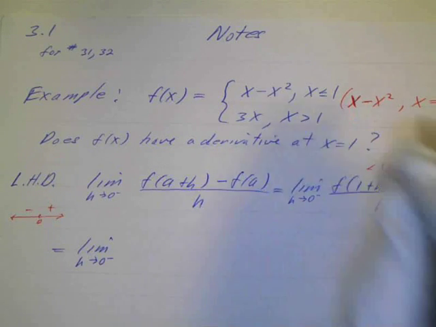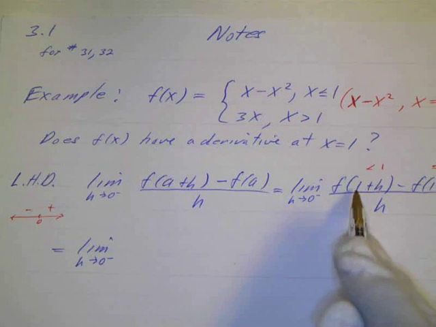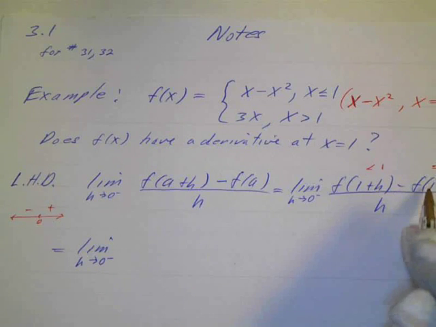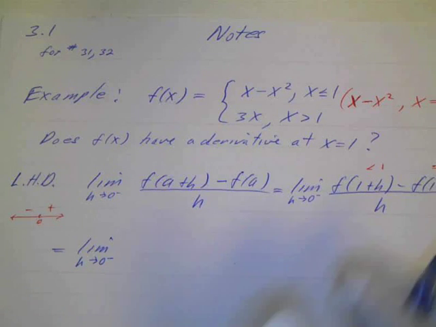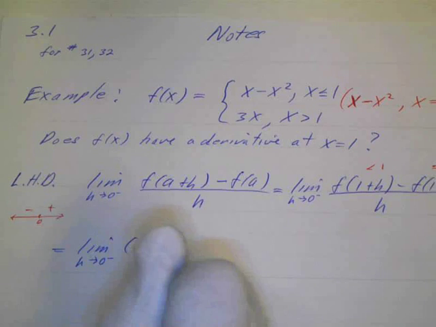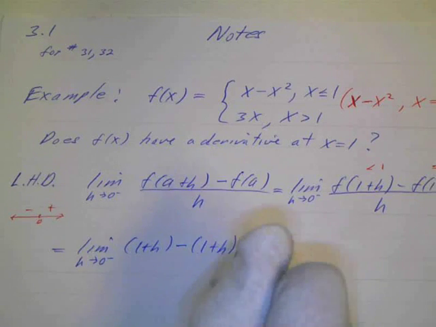So that tells me which functions I'm going to use, because the functions are defined for values of x. So since x is less than 1, I'm going to use this function. And since x is equal to 1, I'm going to use this function again. So that's what I'm going to put in. So it's going to be something minus something squared. And this is going to be 1 plus h. So it's going to be 1 plus h minus 1 plus h squared.